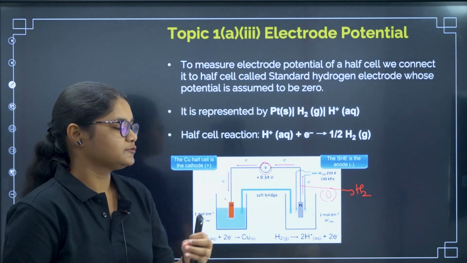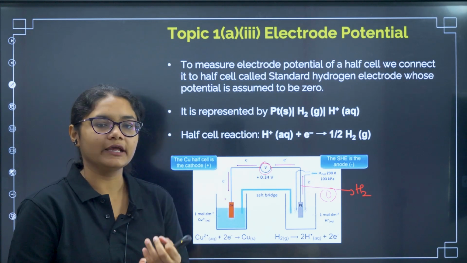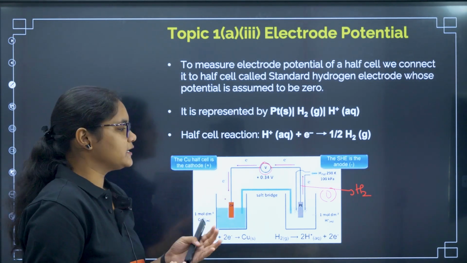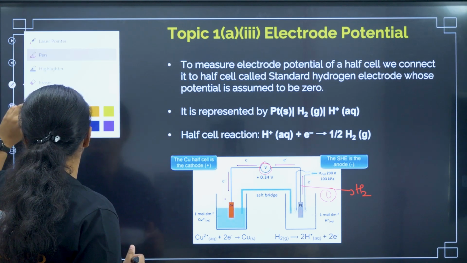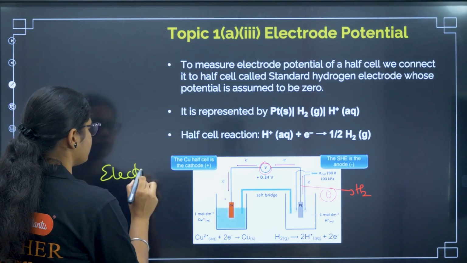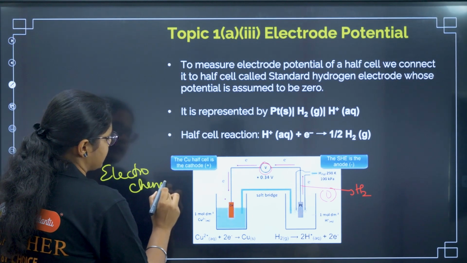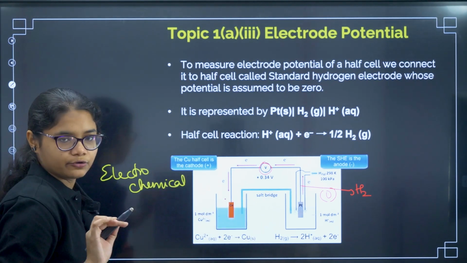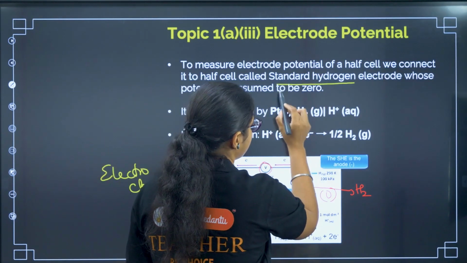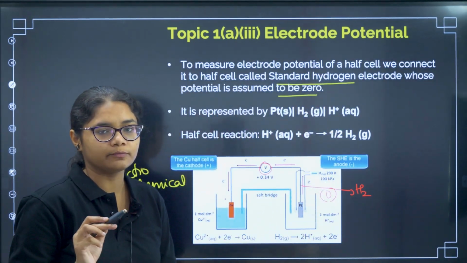To measure for copper, just take copper and on one side take hydrogen. Like this we get all the electrode potentials. There is a table for this, the electrochemical series, which is made with respect to hydrogen. Here you have to remember that the standard hydrogen electrode potential is assumed to be 0.